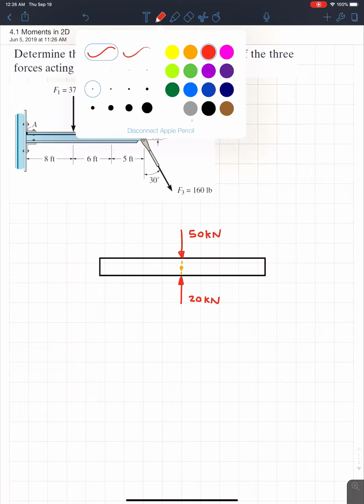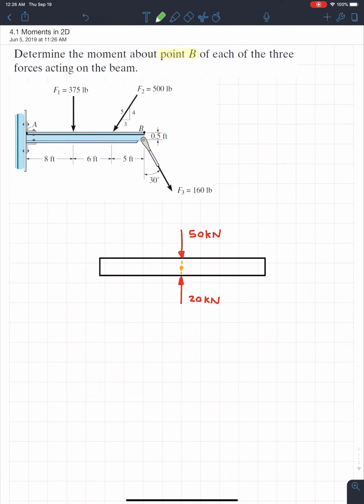What we'd expect is this beam to move just vertically downwards. So its final position may be this green beam right here. It doesn't rotate, it just translates straight down.